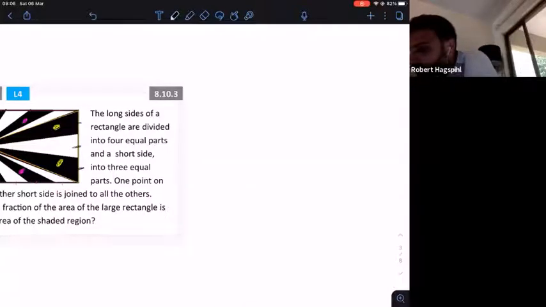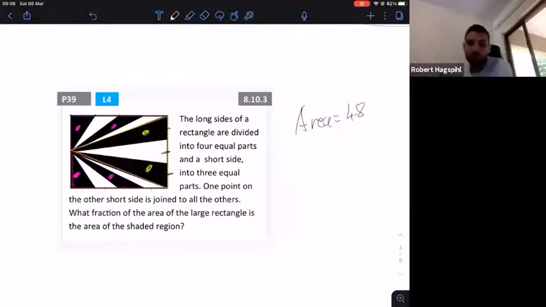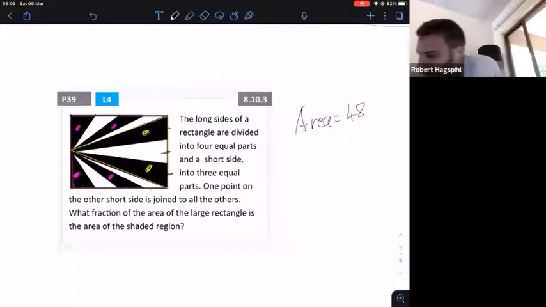Alternatively, what you can say is the whole area is equal to 48. Okay. So Romeo, yeah, so cool. So I'm giving it a random area of 48, just because 48's got lots of factors. Cool. All right.